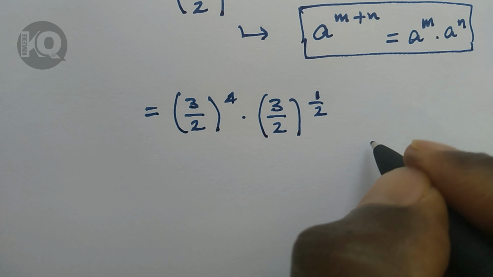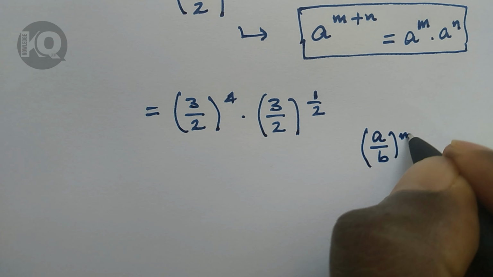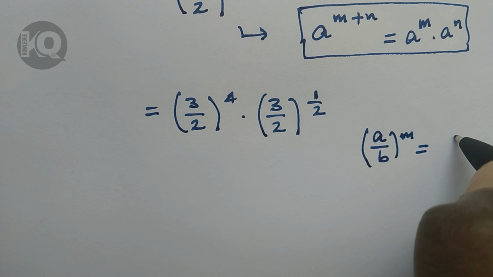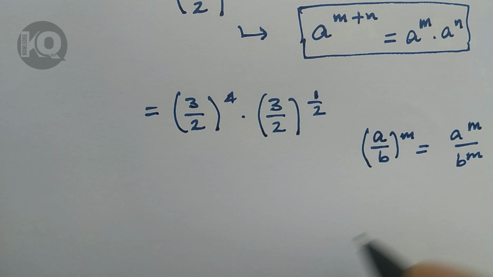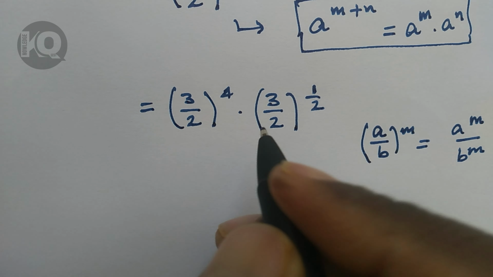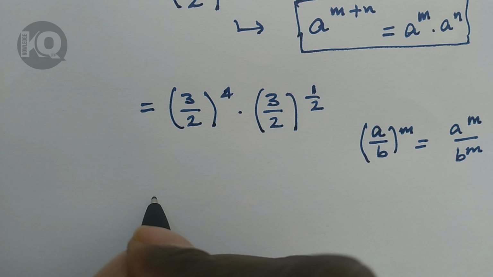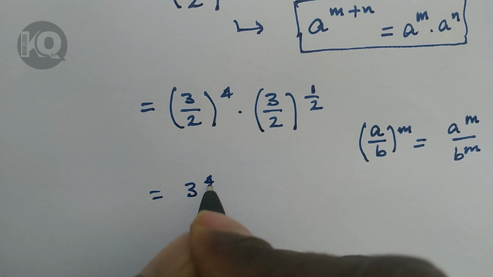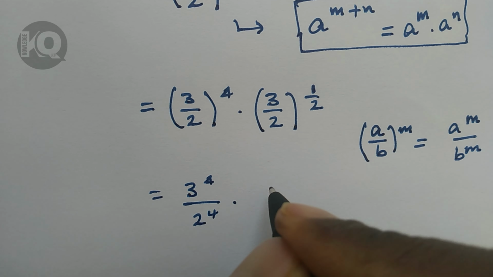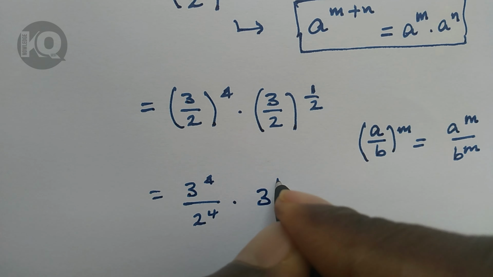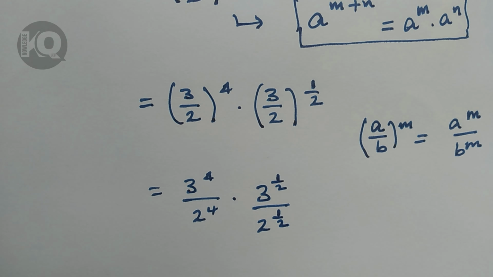That means (a/b) to the power of m is equal to a to the power of m over b to the power of m. So let's apply this rule for both terms. That is 3 to the power of 4 over 2 to the power of 4 times 3 to the power of 1/2 over 2 to the power of 1/2.